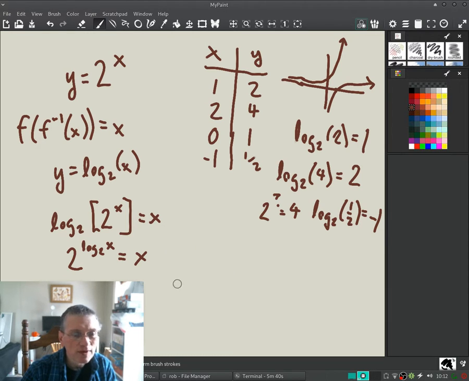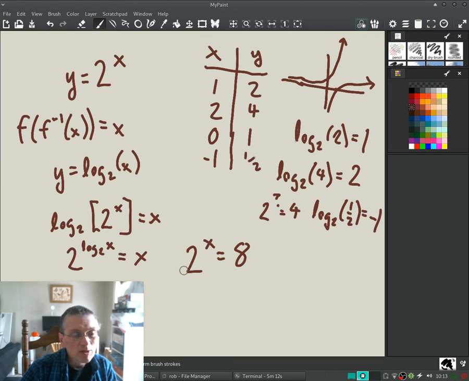Very straightforward. You can apply this to either side of an equation, just as you can add and subtract things to each side. You can multiply each side by things. You can raise things to the power and take the log of both sides. So if I had the equation 2 to the x equals 8, and we want to solve for x, we can take the log of both sides.